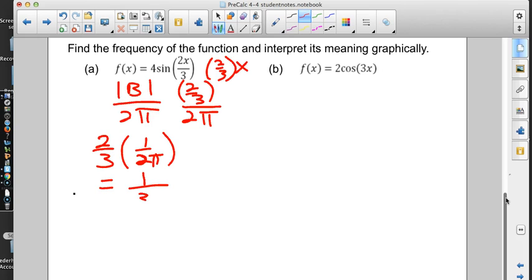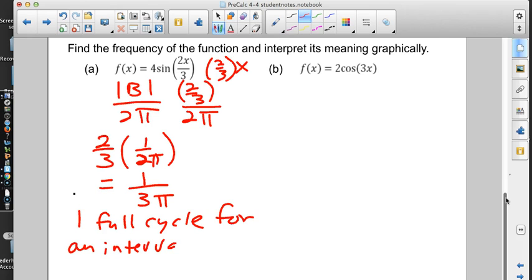So this tells us every unit interval, we will see 3 pi of this. And the fancy language here is 1 full cycle for an interval of length 3 pi.